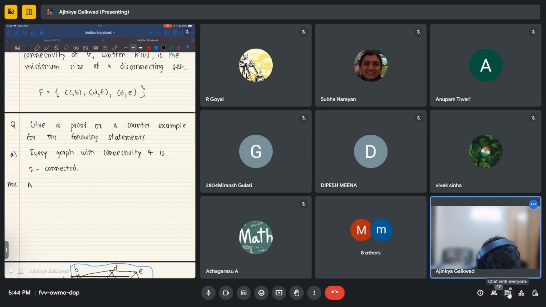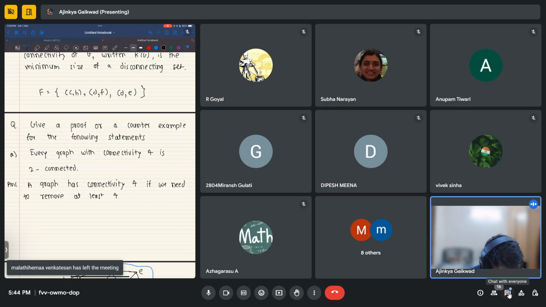A graph has connectivity 4 if we need to remove at least 4 vertices to get a disconnected graph.